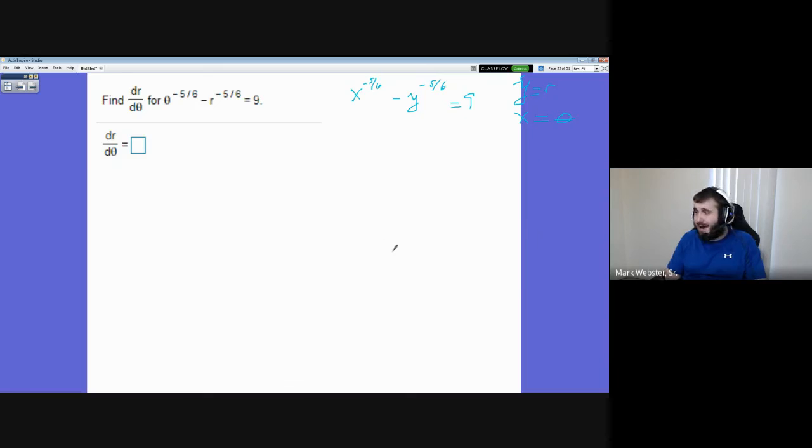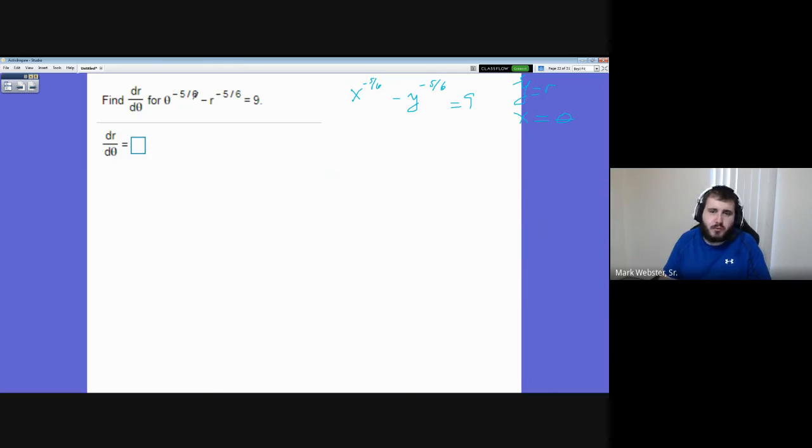And you could do that and then just remember to put the variables back when you're done because they don't want x's and y's, they want r's and thetas. But if you're cool with this, you can go ahead and do it. If you're not cool, you can rewrite it out and just change the symbols to be more familiar. I'm going to do it here.